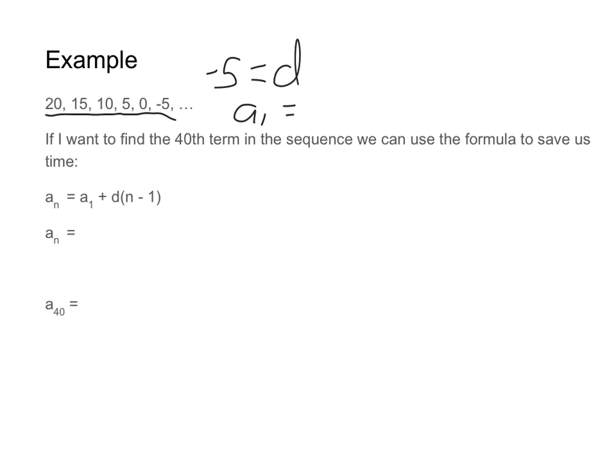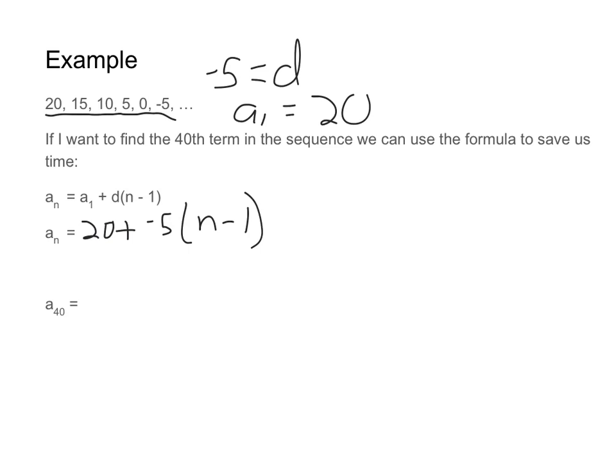The first term of the sequence right there is 20. All we do is plug 20 and negative 5 into my formula. So a sub 1 is 20, d is negative 5, and there we go. Again, they'll all be like this for arithmetic sequences.